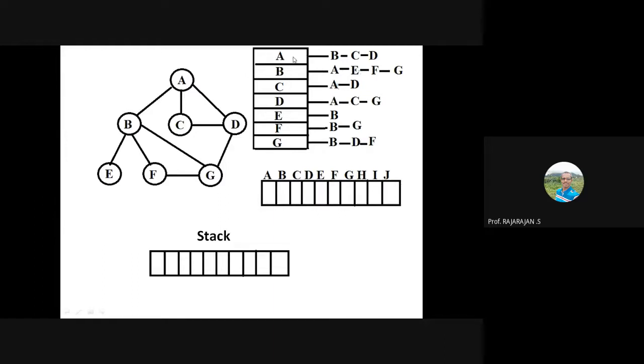What you see here is that for each vertex there is a pointer, and that pointer has the chain of all other vertices.